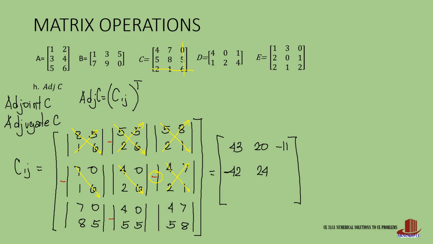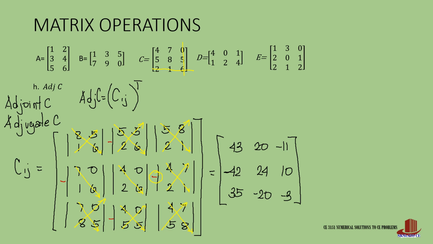Add the negative, so positive 10. 35 minus 0 stays 35. 20 minus 0 is 20 plus the negative. And lastly, 32 minus 35 is negative 3.